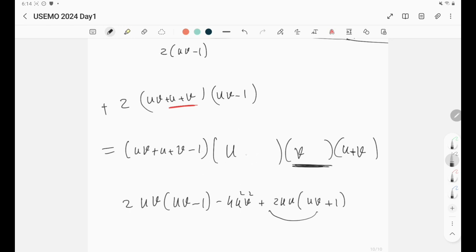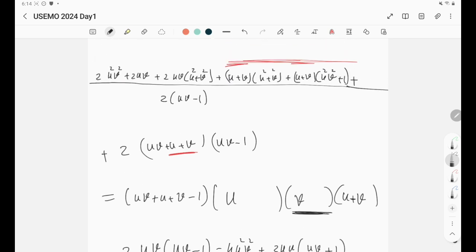If we have a linear thing, then what possibly can we have? Maybe u minus 1 or u plus 1. And same thing here, minus 1 or plus 1, right? But because here everything is plus plus plus, most of the stuff are plus, the only minus is here, so probably it's not u minus 1, probably it's u plus 1, right? So let's try u plus 1. Let's see if it works.